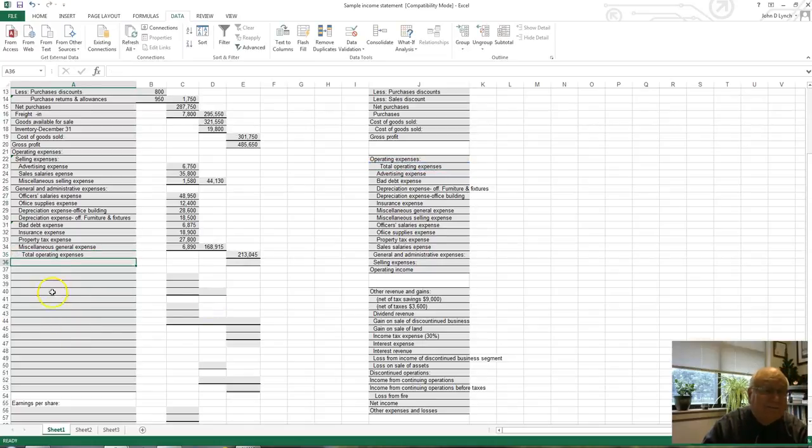There we go. And then you'll take the total operating expenses and subtract it from your gross profit, which would be the 485,650 minus 213,045 to get the 272,605, and that is your operating income.